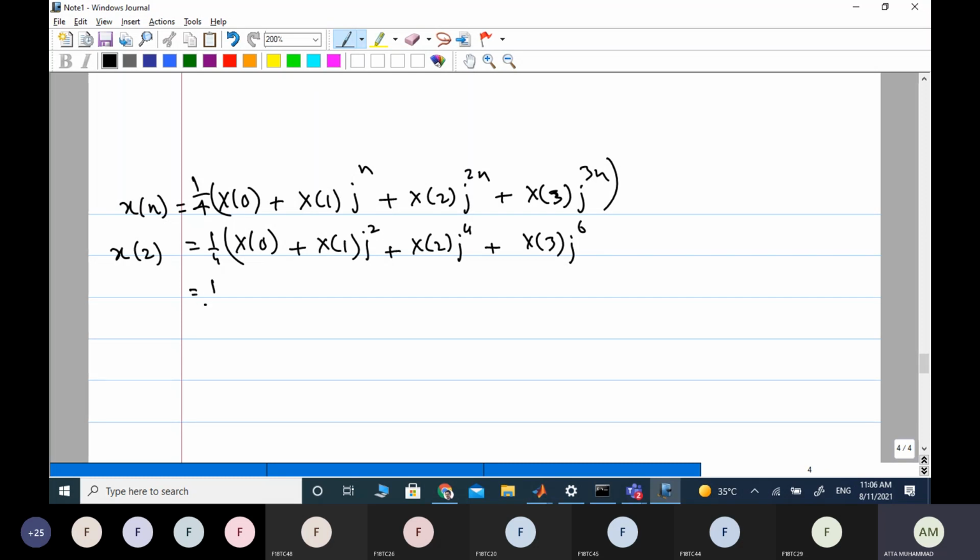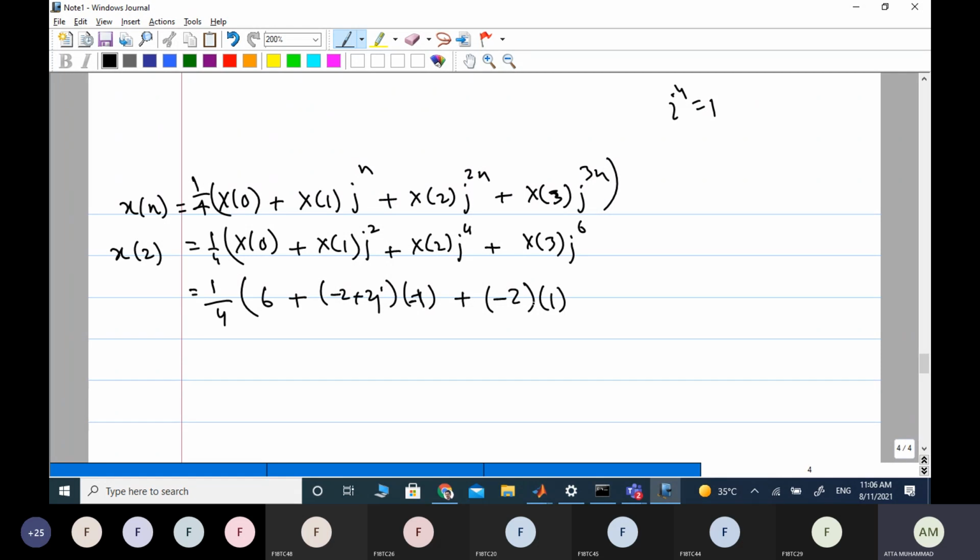Okay, so 1 by 4 of 6 plus x of 1 is -2 plus 2j times -1, because j square, iota square, is -1, right? And we got plus x of 2, which is -2, and j square is 1. We know that iota power 4 is 1, right? We don't have to go into the detail now, we have already computed it.